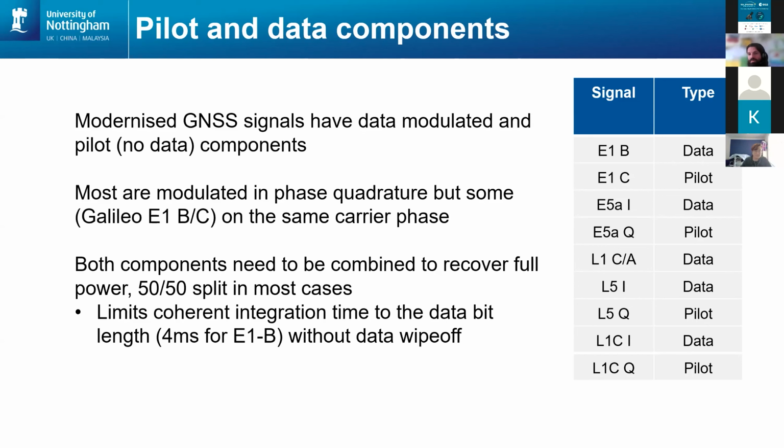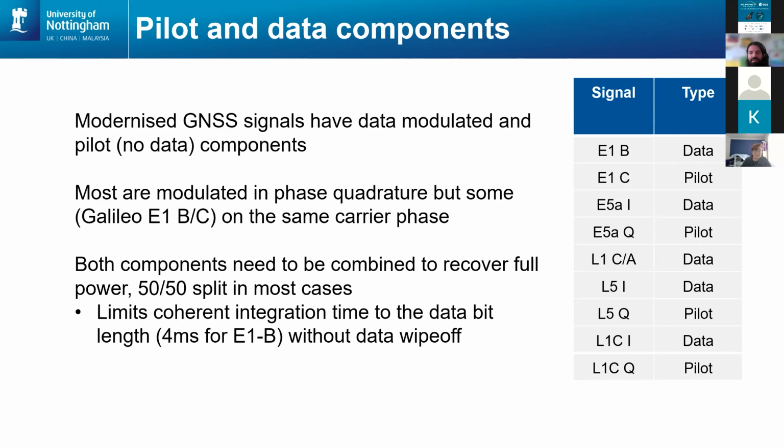And if we want to get back all that energy for the reflected signal, we need to process both components. And then when we need to process both components, we need to think about those secondary codes and the data modulation.